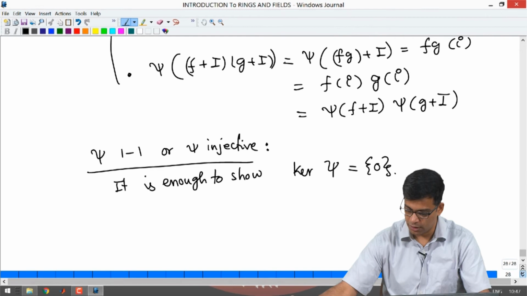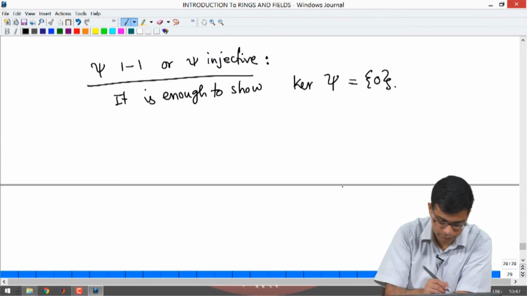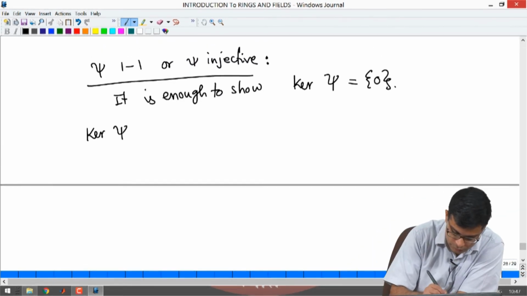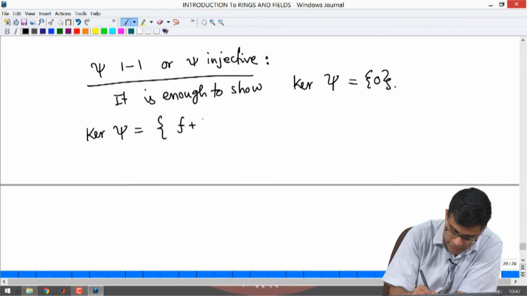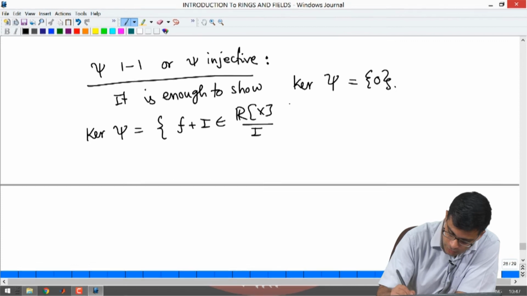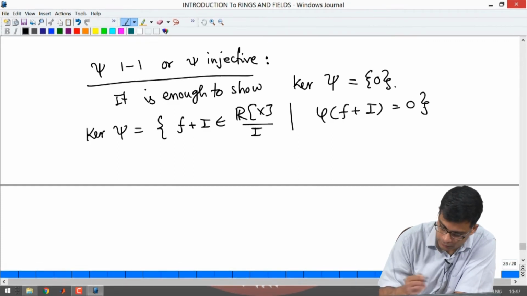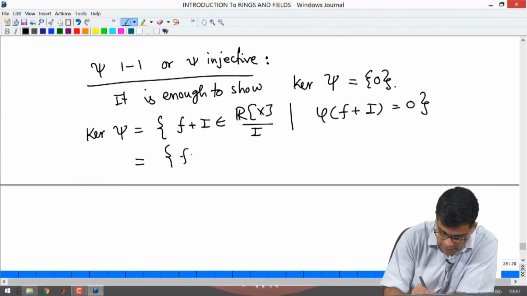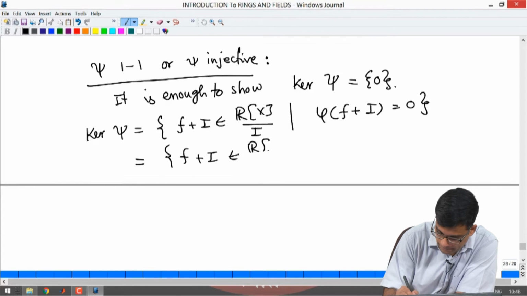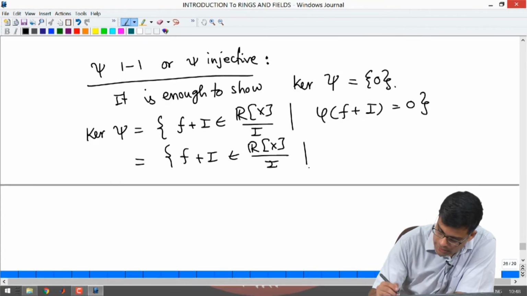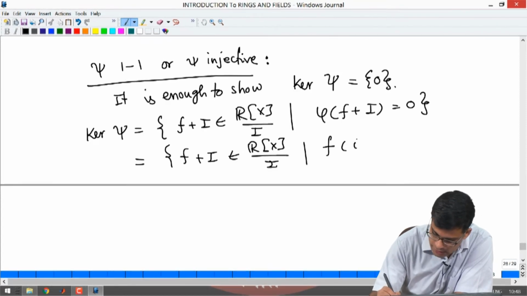So, what is the kernel of psi? It is all elements f + I in R[x]/I such that psi of f + I is 0. But that means all elements f + I in R[x]/I such that f(i) is 0.